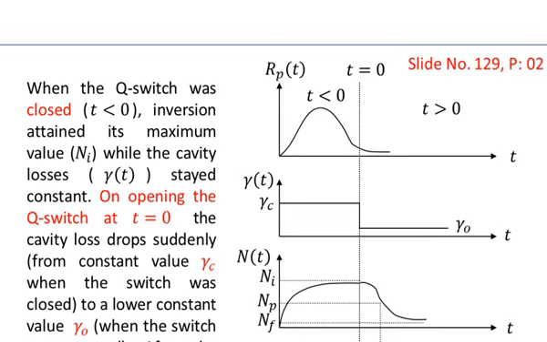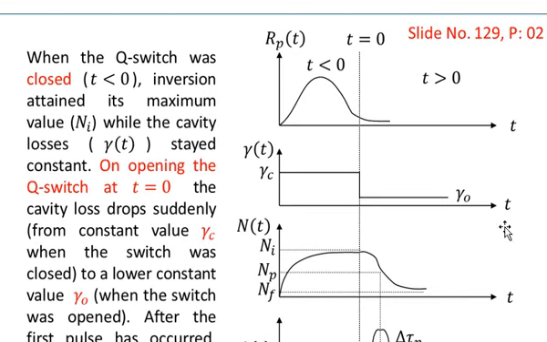And you see that during this pulse time, look at the population inversion n as a function of time. When the pulse starts, the population inversion was at its minimum position, that is nf. So when the pulse rate increases, you can see that the inversion also increases.